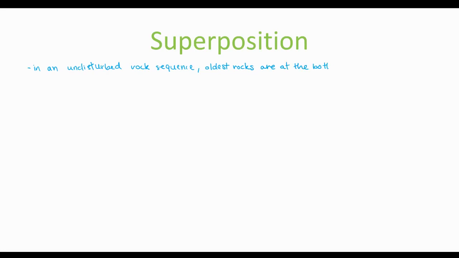So this was not the case at Sycamore Point. This is how James Hutton knew that something really weird was going on, because the younger rocks were on top of the old rocks. But superposition, I'm just going to draw a few layers here.